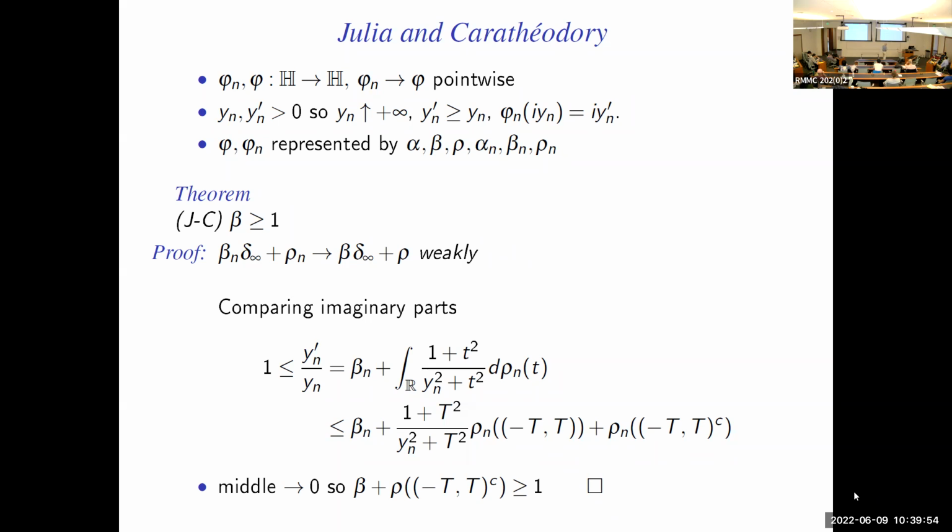Right, so this term right here disappears, and beta n plus that converges to the corresponding expression without n, at least for most values of t. So beta plus the measure of the complement of the interval from minus t to t is at least 1, but of course you can now let t go to infinity and get that beta itself is bigger than or equal to 1. It's a nice little observation.